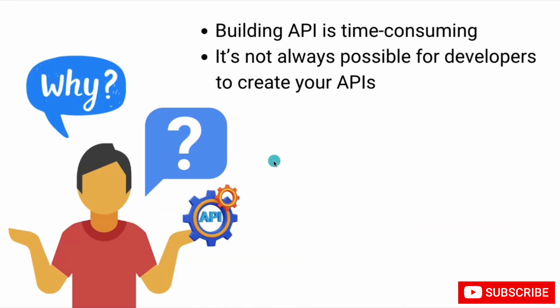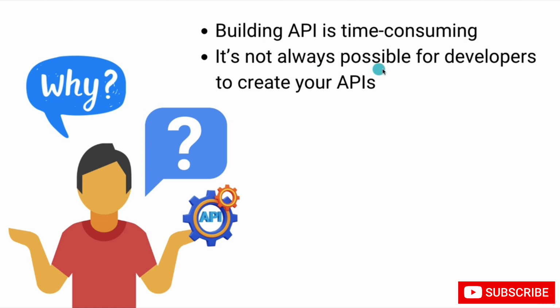Now you might be thinking, why do we need an API? You might think that developers and programmers already know about coding, so they can develop the API by themselves. So why would they purchase our API? My friends, the answer is that building an API is also a time-consuming method.